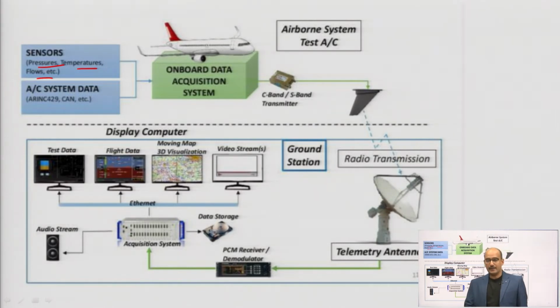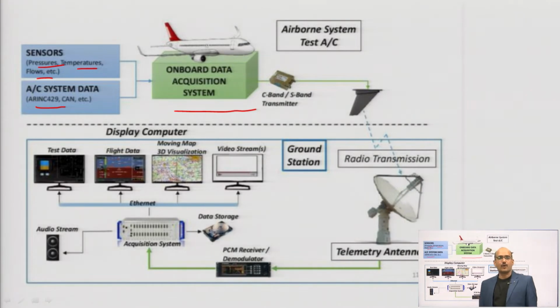So, for a telemetry system the first requirement is sensors. Similarly, there is also the system data, where I show you ARINC 429, CAN, etc., which are specially designed system data buses for the onboard systems of the aeroplane. So, this is the remote location part.